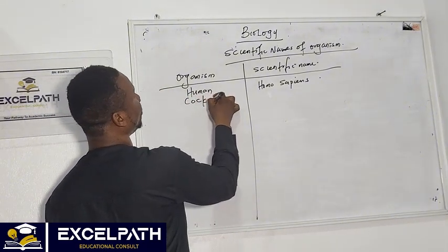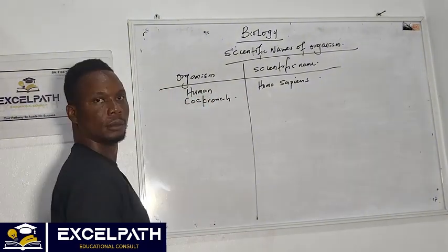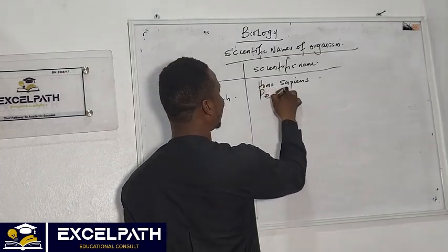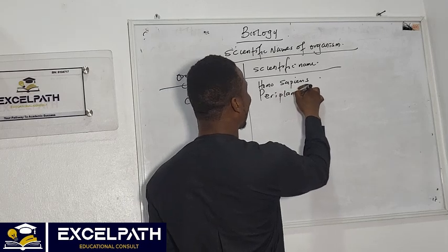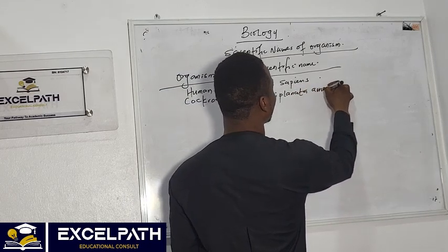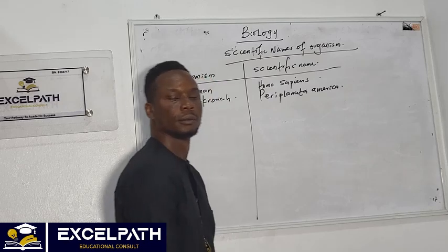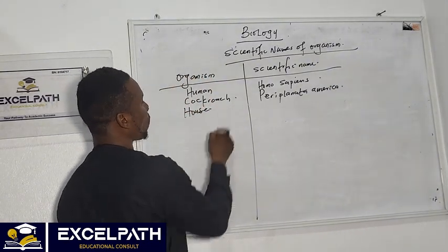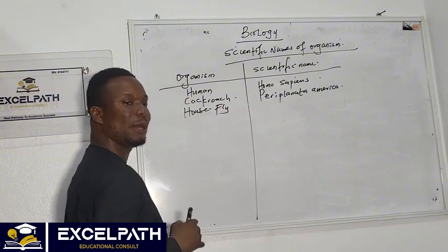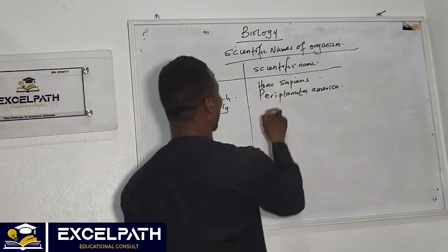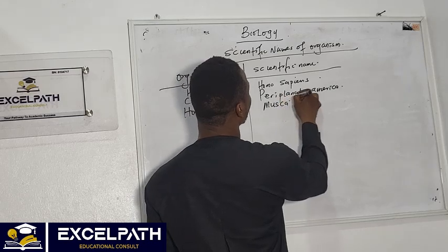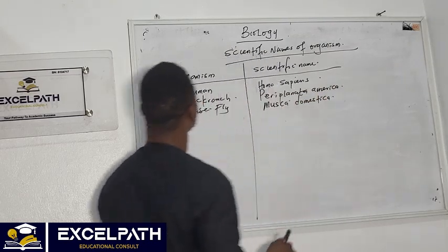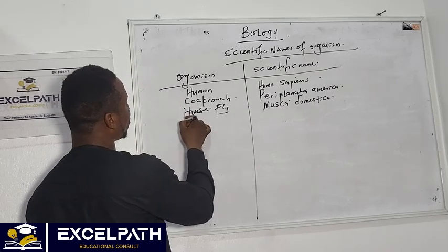Cockroach. The scientific name of cockroach is Periplaneta americana. The housefly. The scientific name of housefly is Musca domestica. We have what? Waterleaf.